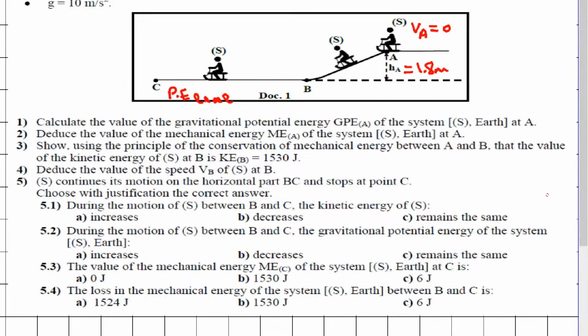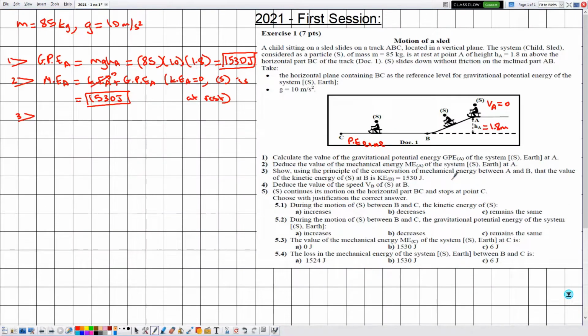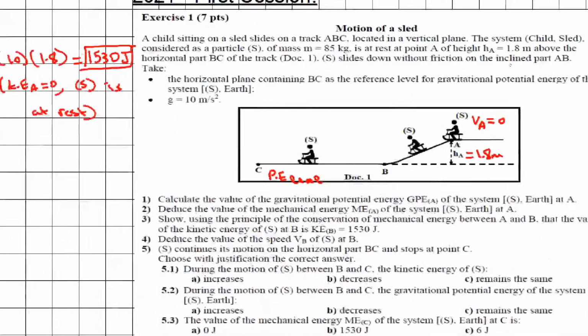Now in number 3 they are telling us to show, using the principle of conservation of mechanical energy between A and B, that the value of the kinetic energy of S at B is given by that. Now we know that the kinetic energy can be calculated using two methods, either by the direct formula, half mv squared, or from the conservation of mechanical energy. Here they are specifying that we need to use the conservation of mechanical energy, and this is done because the system is frictionless.